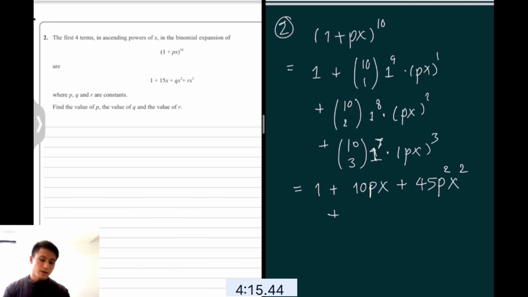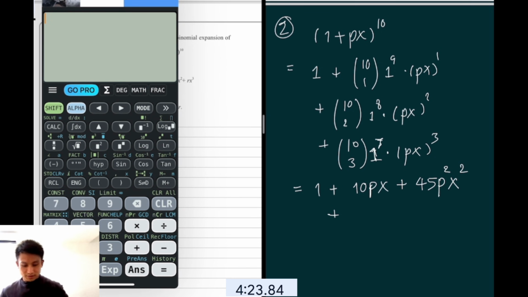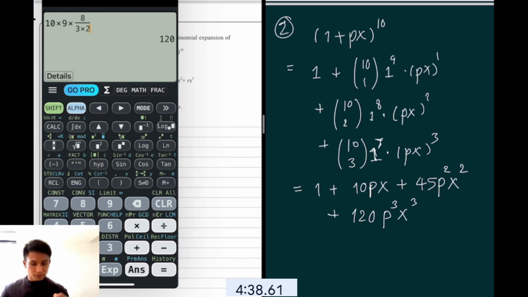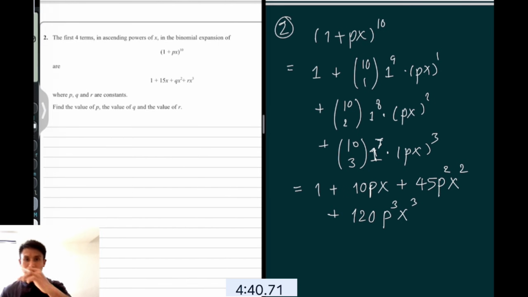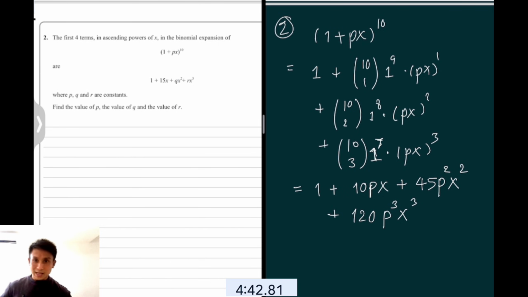The last term, 10C3, well, 10 times 9 times 8 divided by 3 times 2. Yeah, that's 120. So 120 times 1 times p to the power of 3, x to the power of 3. Okay, so that will be the last term.